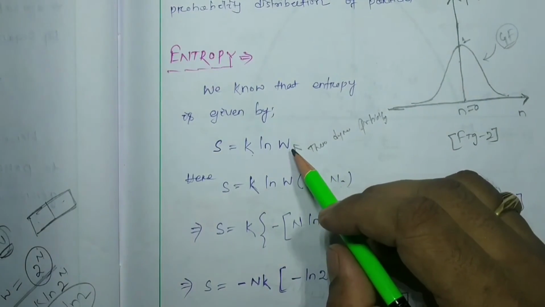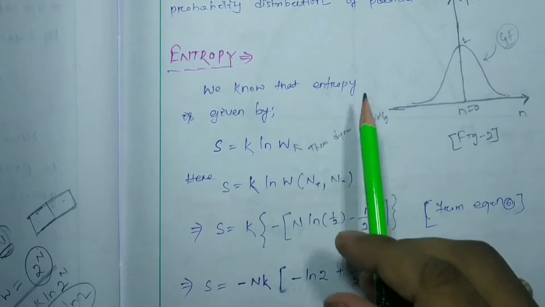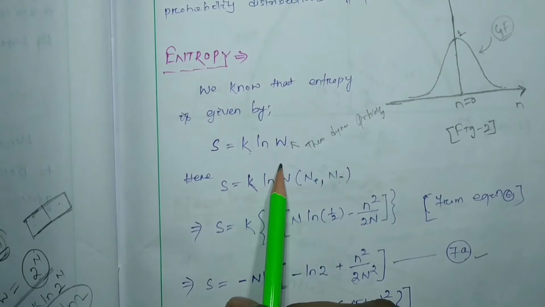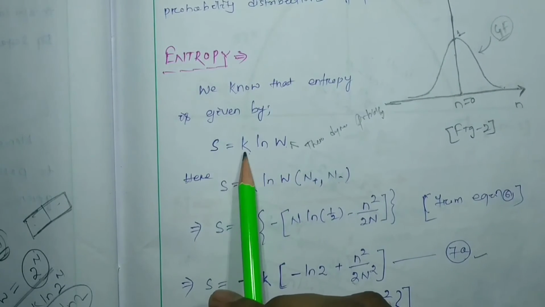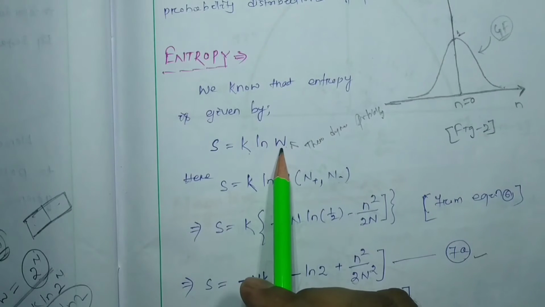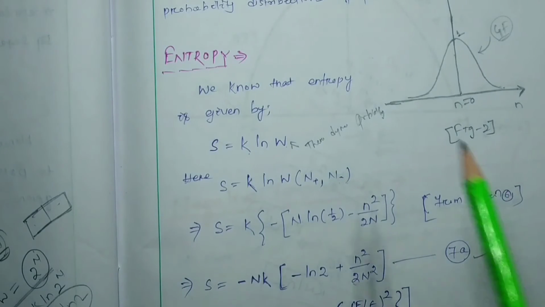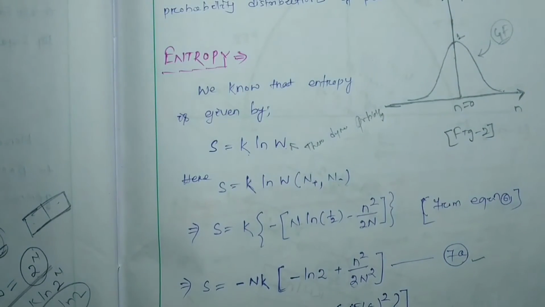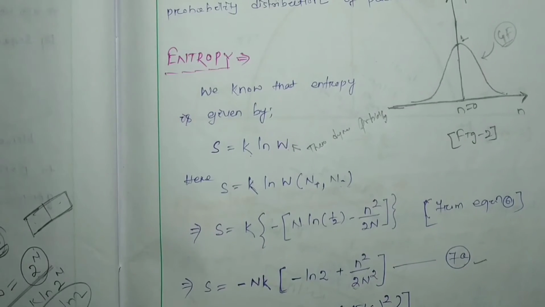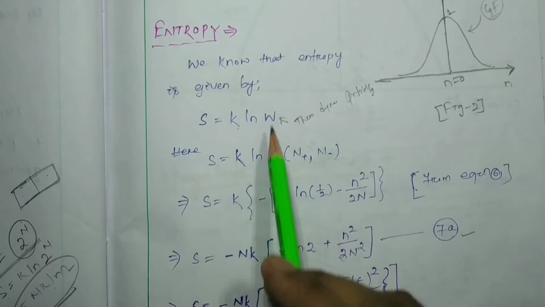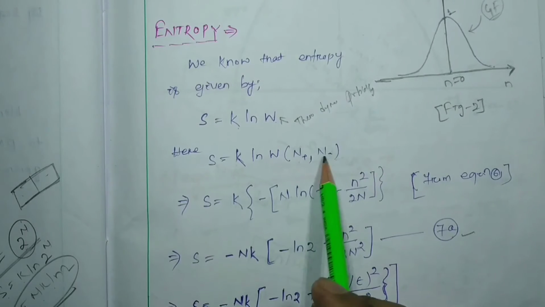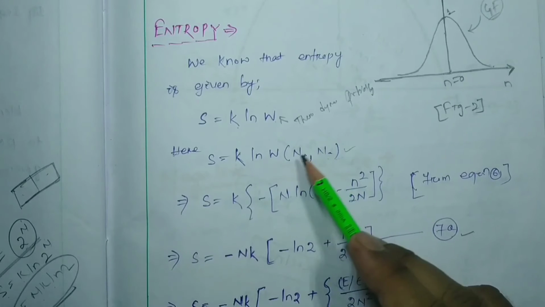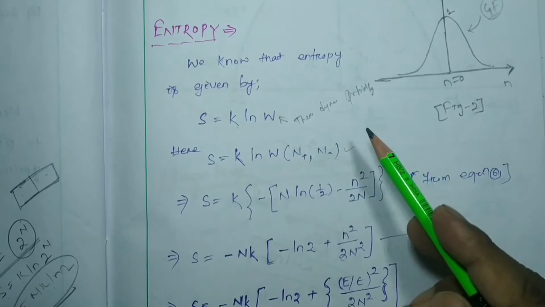So the entropy of a given system for a particular macrostate will be S equal to k ln W, where W represents the number of microstates for a particular macrostate. In generalized form we write n plus, n minus. Here n plus may be greater than, less than, or equal to n minus.